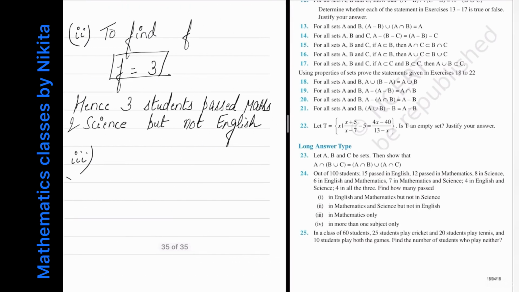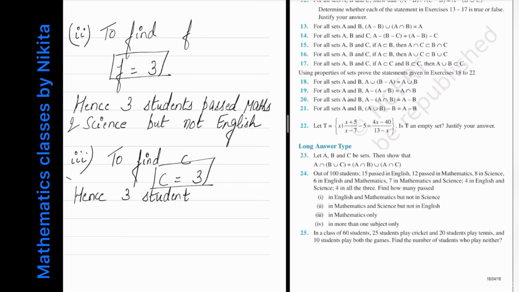So I'll write in the third part we have to find the value of C, and C is equal to 3, which we have found earlier. So hence 3 students passed only in maths.